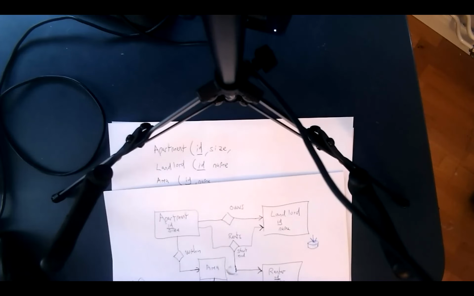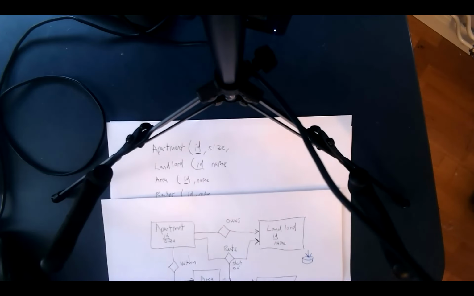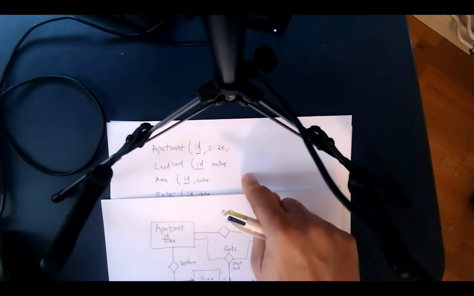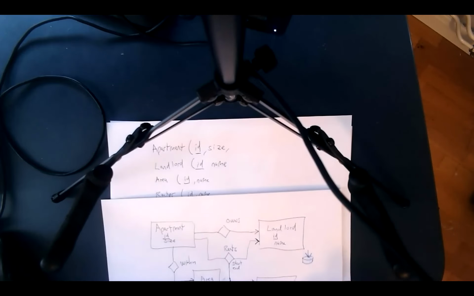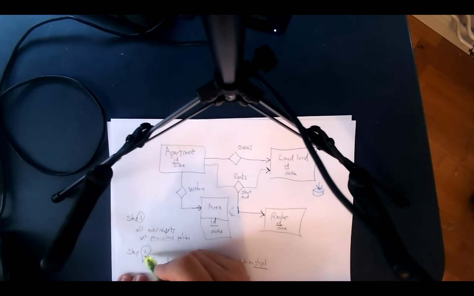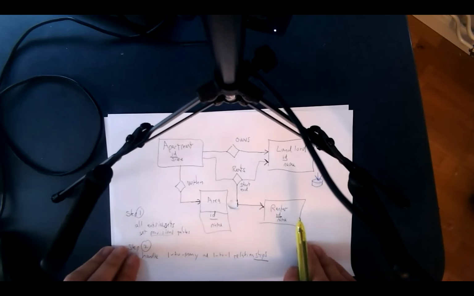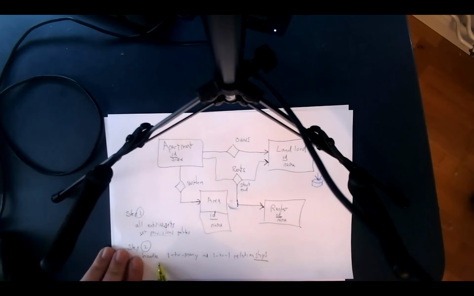When I talk about conceptual modeling, these are relationships. When I say relationship, that's a conceptual model notion. When I say relation, that's a representational model thing. We can't see right at the bottom of the paper. Okay. Step one, we pounded out all the provisional tables. Step two, we're going to handle the one-to-many and one-to-one relationships.